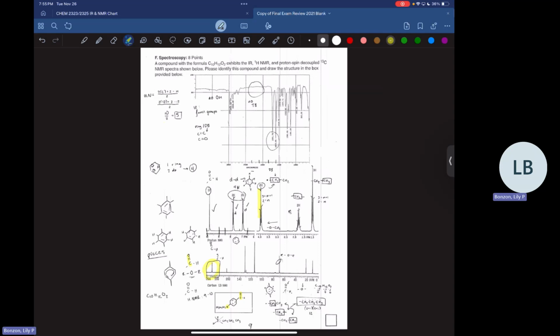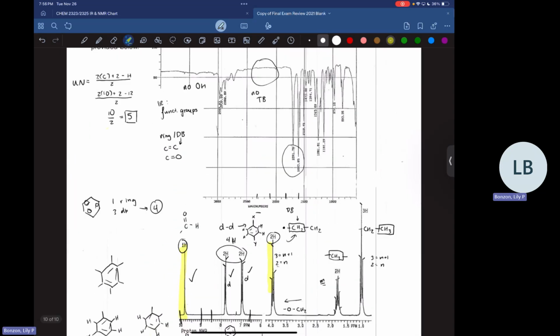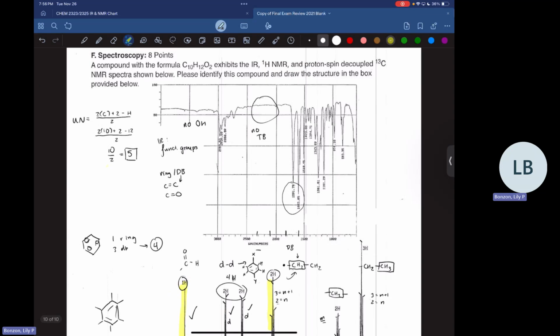The ether, you mean? So again, I know that we have two oxygens in our structure from the formula that we're given. One of them was the aldehyde. And then we didn't see any other characteristic peaks in the IR. So no alcohol, no carboxylic acid.